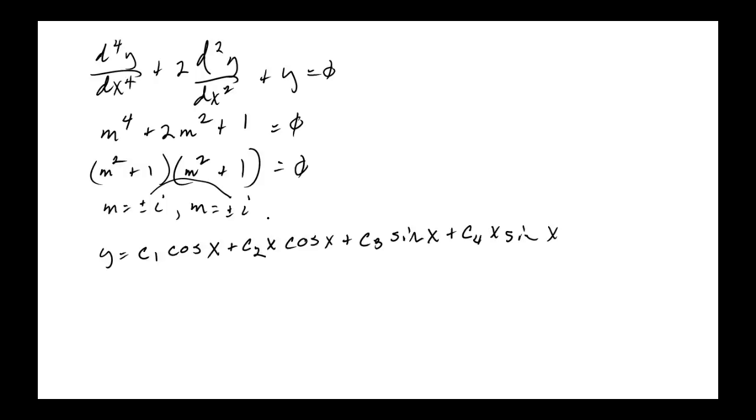Therefore, if m1 is equal to alpha plus i beta, beta greater than 0, meaning positive, is a complex root of multiplicity k of an auxiliary equation with real coefficients, then the conjugate m2 equal to alpha minus i beta is also a root of multiplicity k, and from the 2k complex valued solutions, where k is your multiplicity, you get e to the alpha plus i beta x, x e to the alpha plus i beta x, x squared e to the alpha plus i beta x, up to x to the k minus 1, because that was your multiplicity, e to the alpha plus i beta x, okay?